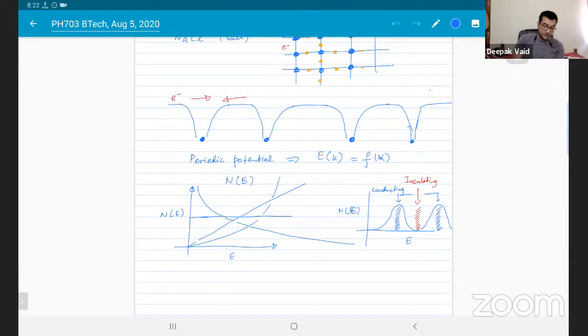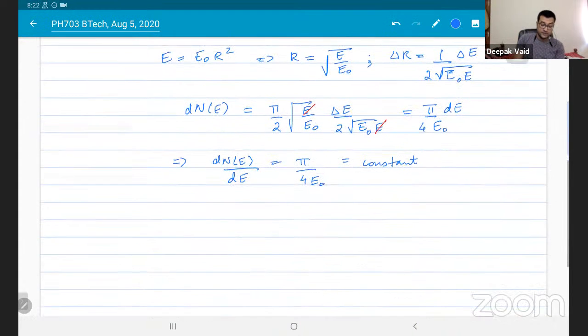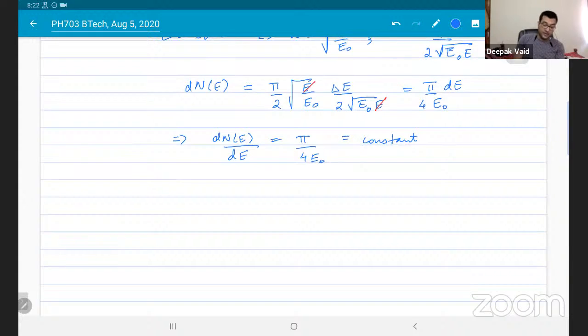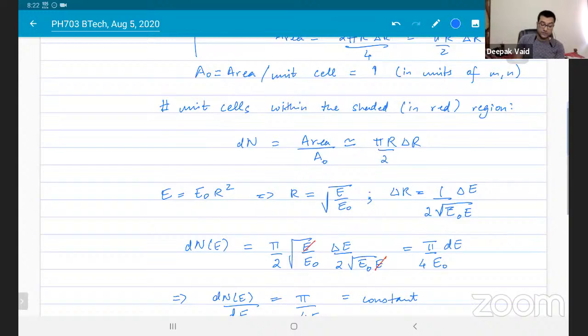So I should write this as dN by dE. That is what we mean by density of states. N of E is the total number of states, and the density of states is a constant.